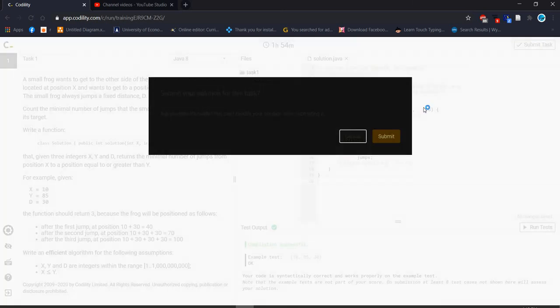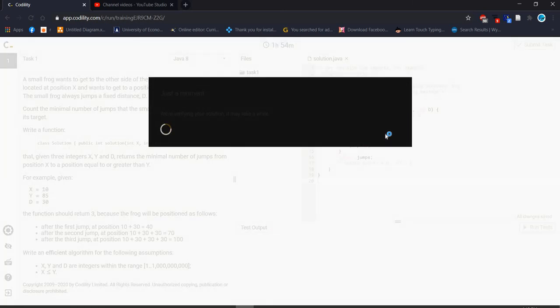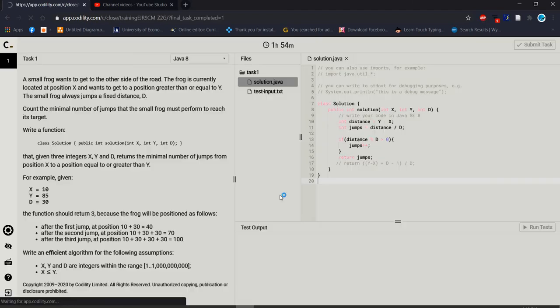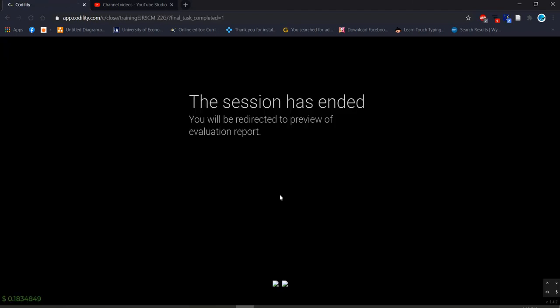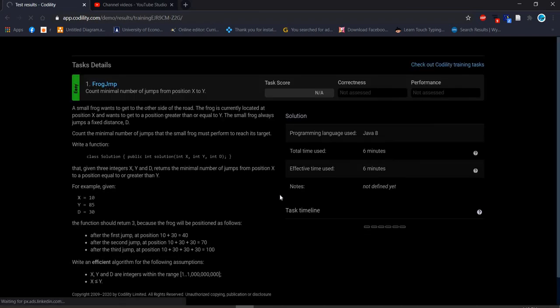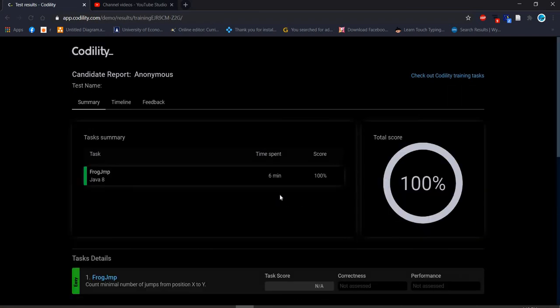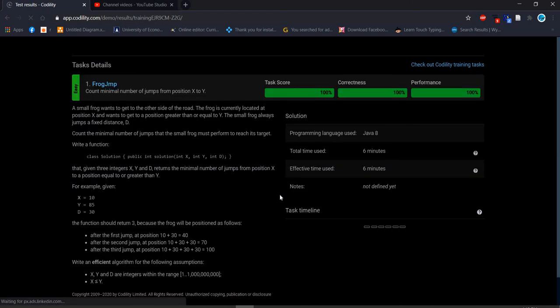So now submit, and we have to see. If all the requirements are fulfilled, then we will get 100%. Wow, nice. Our total score is 100%, but it's still evaluating test score, correctness and performance.